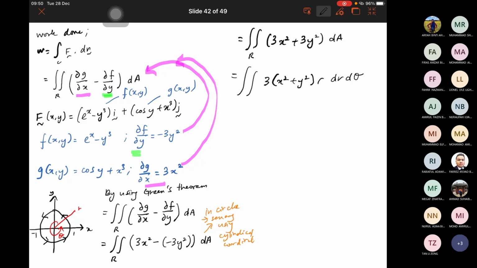So daripada rajah, boundary bagi r daripada berapa ke berapa, theta daripada berapa ke berapa? r 0 ke 1. Okay, theta 0 ke 2 pi.